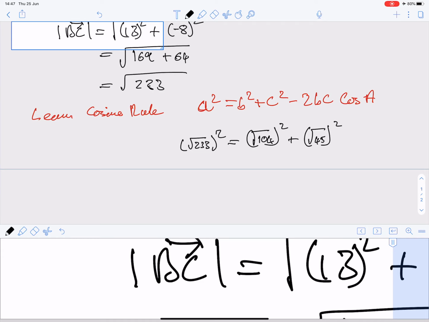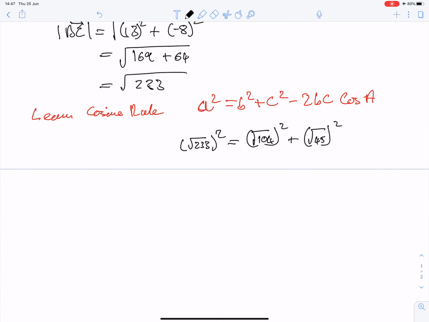Minus 2b, which was root 104, root 45 for c, cos of A, which is what we're trying to find.